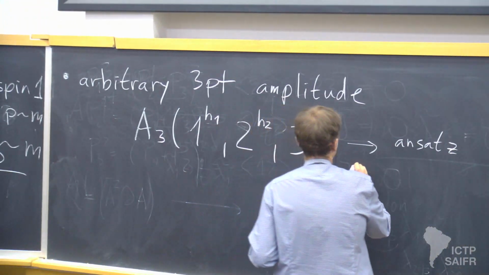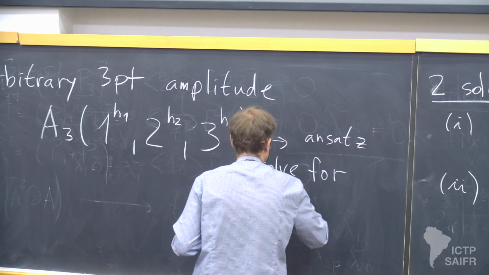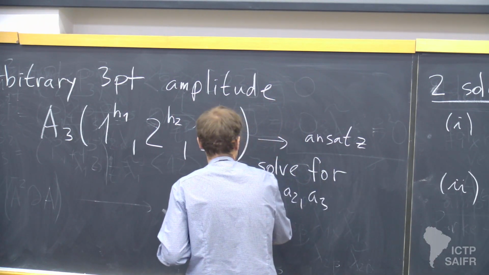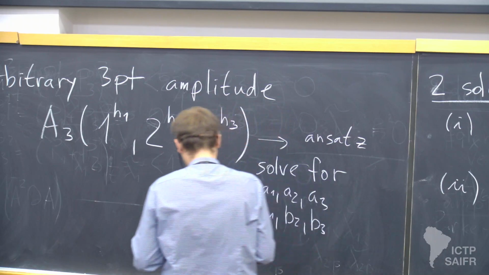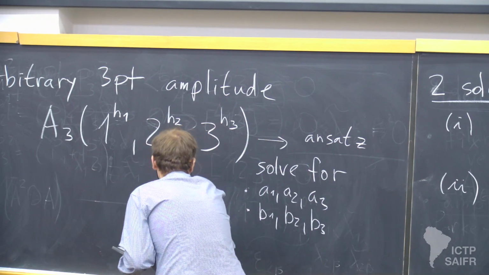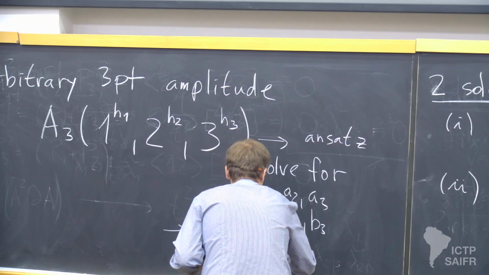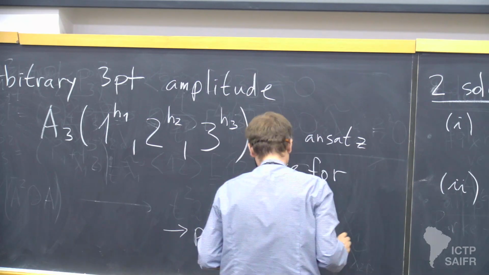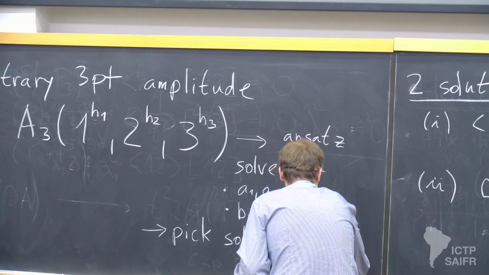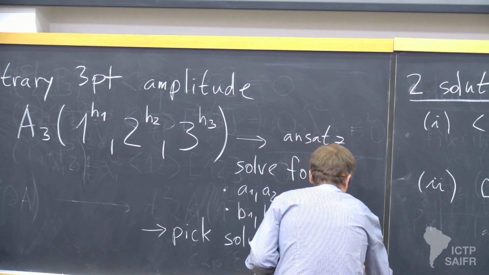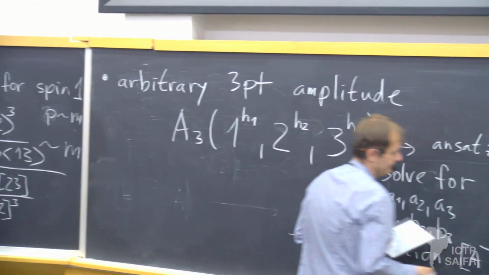You solve for A1, A2, A3, and B1, B2, B3. And you pick the solution with positive mass dimension. Anyway, the mass dimension of that is positive, or actually, sorry, at least not negative.